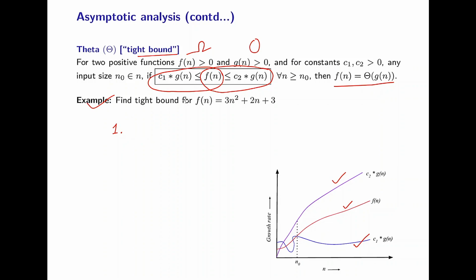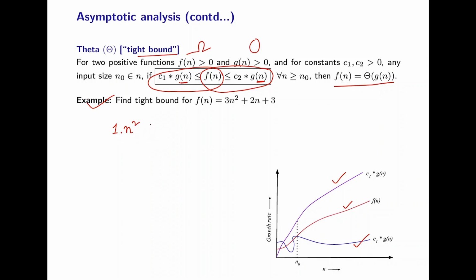So always go with the definition. Let's say I'm writing 1 into the highest order term. Let's say I'm going to select that for g(n). Here you see, here also g(n), here also g(n). Do not make mistakes like g1, g2 like that. No, it is g(n), right?